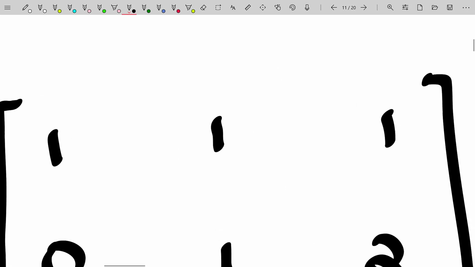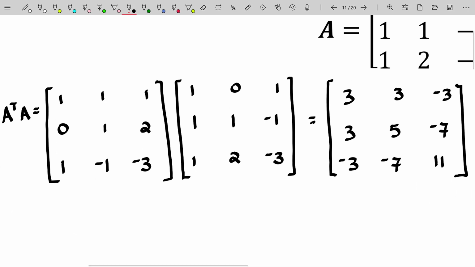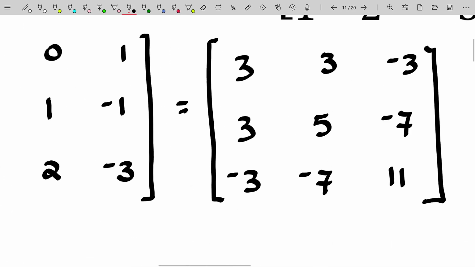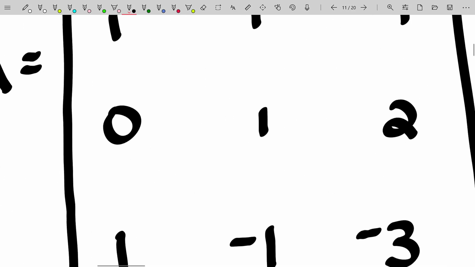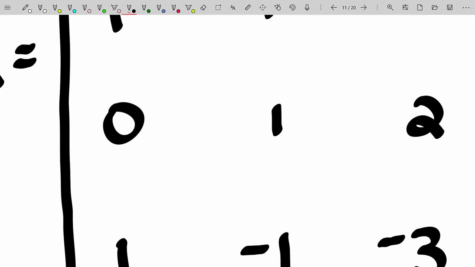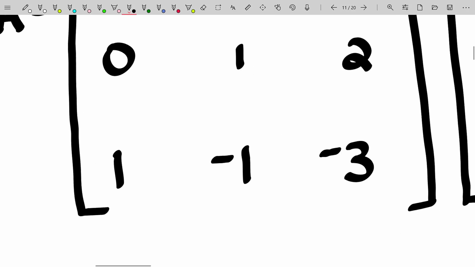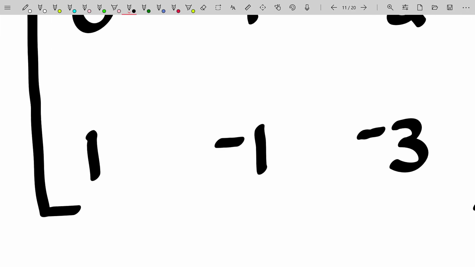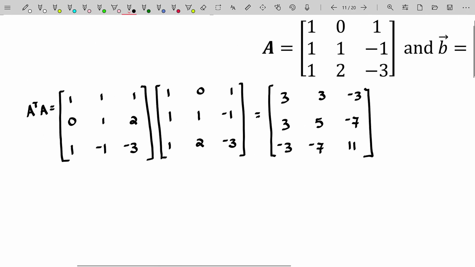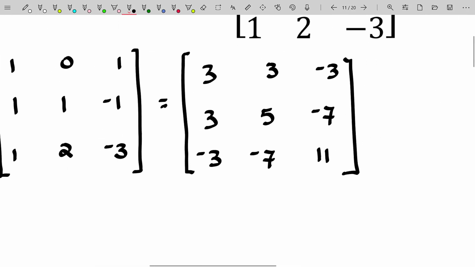So it's going to be 3. And row 2, column 2 of the result is row 2 of A transpose dotted with itself, 0 plus 1 plus 4. And if you take row 3 and dot it with itself, that's 1 plus 1 plus 9, which is 11, and that ends up being the third diagonal element. So that quickly gets us these 3.